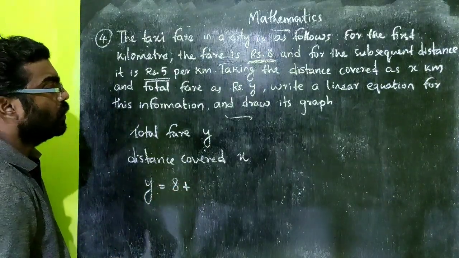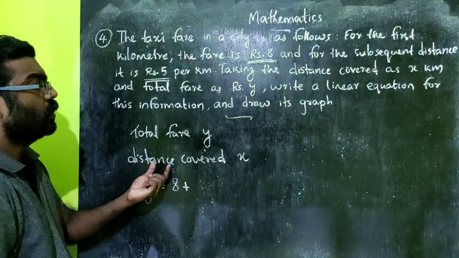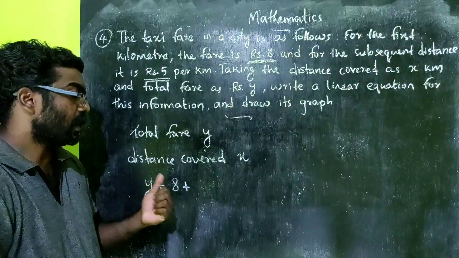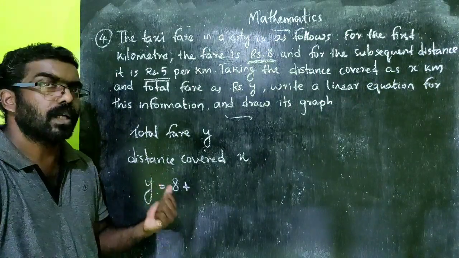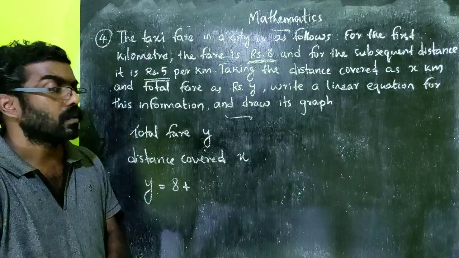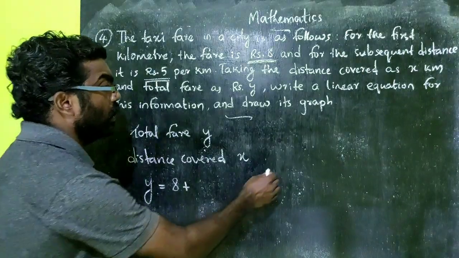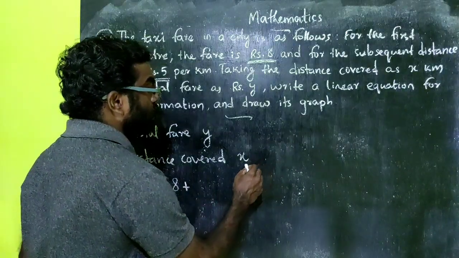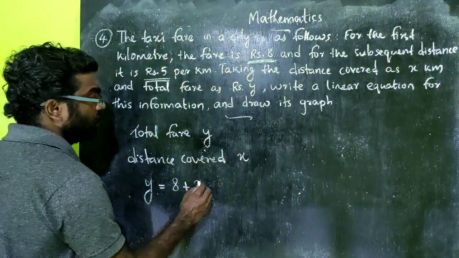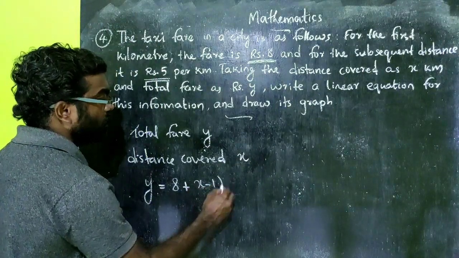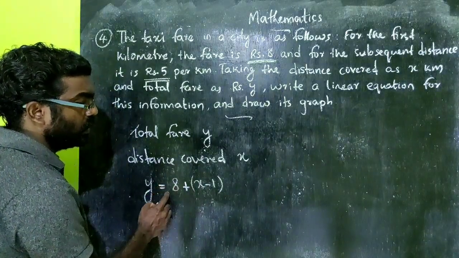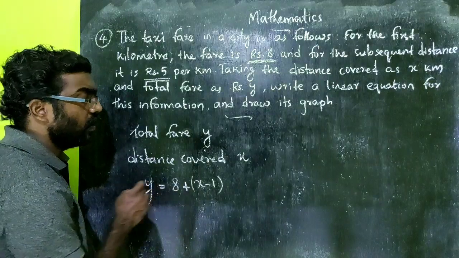And how many kilometers did they travel? x kilometer. For the first kilometer we already paid rupees 8. So the remaining is x minus 1. Total distance covered is x and the remaining distance is x minus 1, because for the first kilometer it is a fixed charge of rupees 8 that we have already paid.